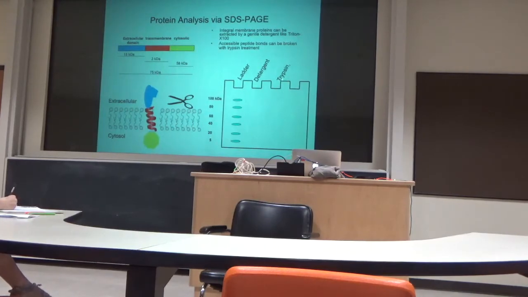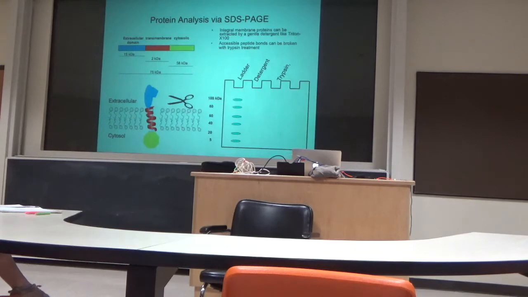What would be in this lane right here? So what I want you to do on your handout, or you don't have a handout, but on the desk or somewhere, the handouts are coming, is put what banding pattern you would expect in this lane of a cell that's been exposed to trypsin. The trypsin's been washed away, and then the remaining protein is run on this gel.